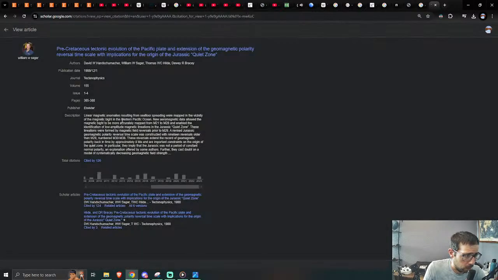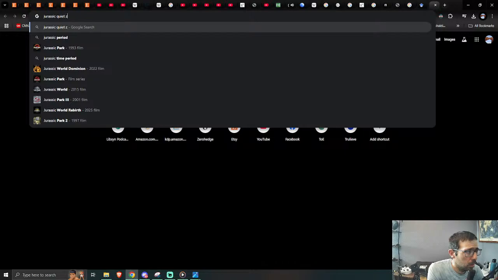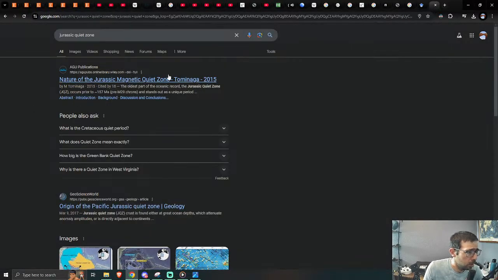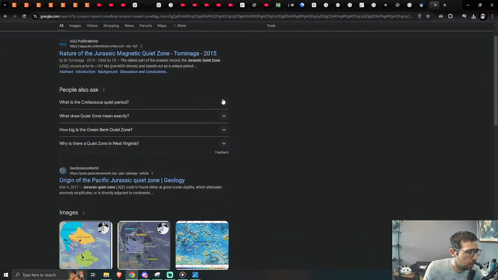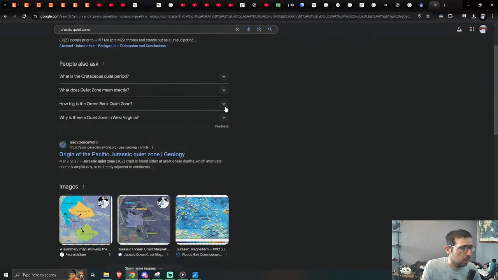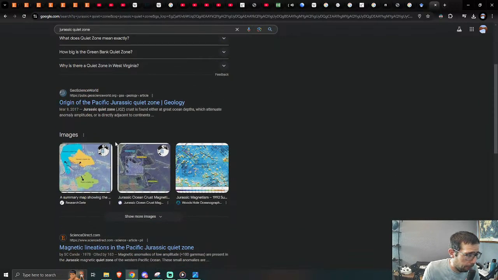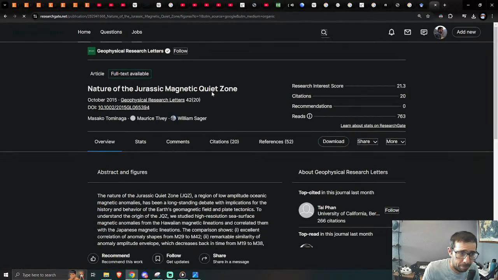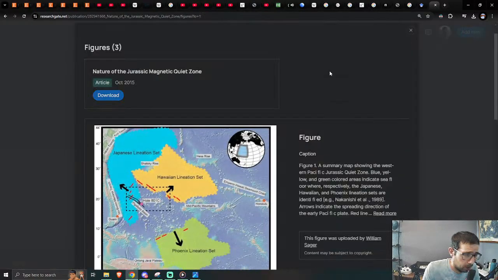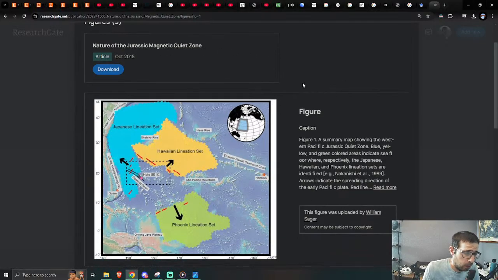Jurassic quiet zone. I don't think that's what I was looking for. Jurassic magnetic quiet zone. That's it. Magnetic quiet zone. So I guess it is the Jurassic quiet zone.